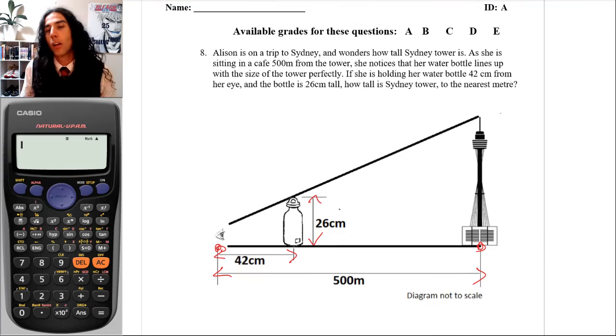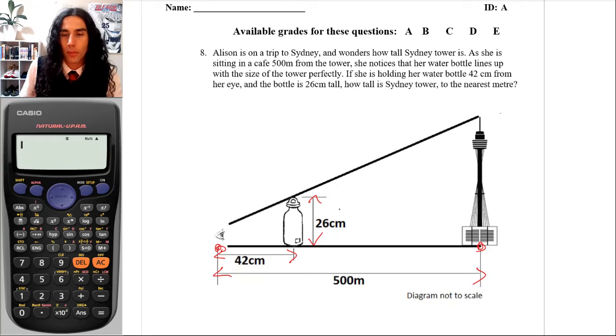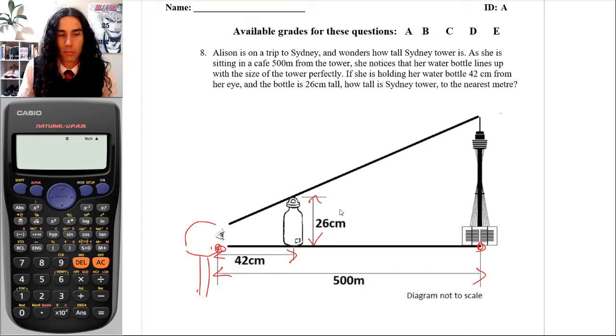The big problem here is they don't give Alison's height, because that is also part of it, because that is a horizontal line there. So her eye, if she's down here, then the rest of her head and body. I'm going to get rid of that. But they've left that out, their fault.